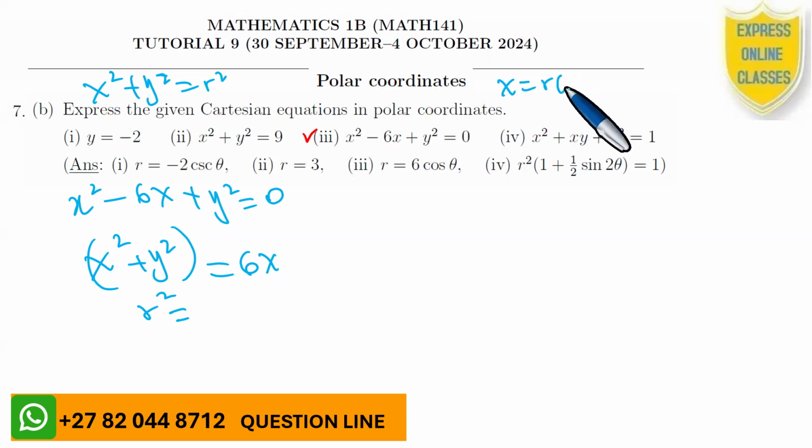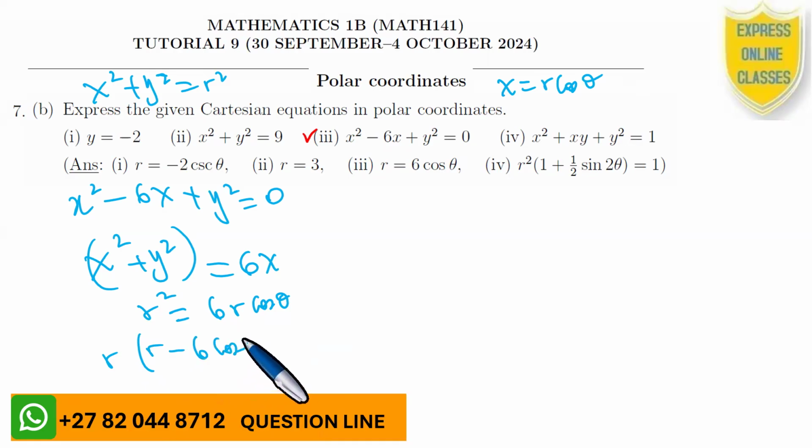But x is equal to r cosine theta, so wherever x is, you have r cosine theta. So you can pull out the common factor r, giving r minus 6 cosine theta.